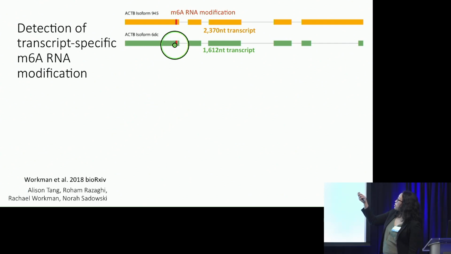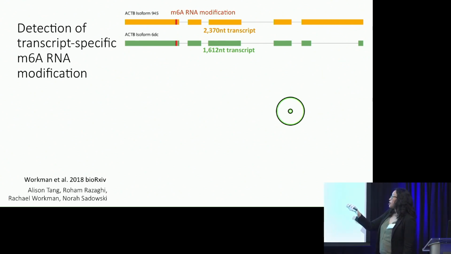And if you notice, the modification occurs over here to the left of the transcript, but the transcripts look exactly the same until you get to the other side of the transcript over here, where it looks like in one case there's an intron that's spliced out, and then the orange or the top transcript, that intron is not spliced out.